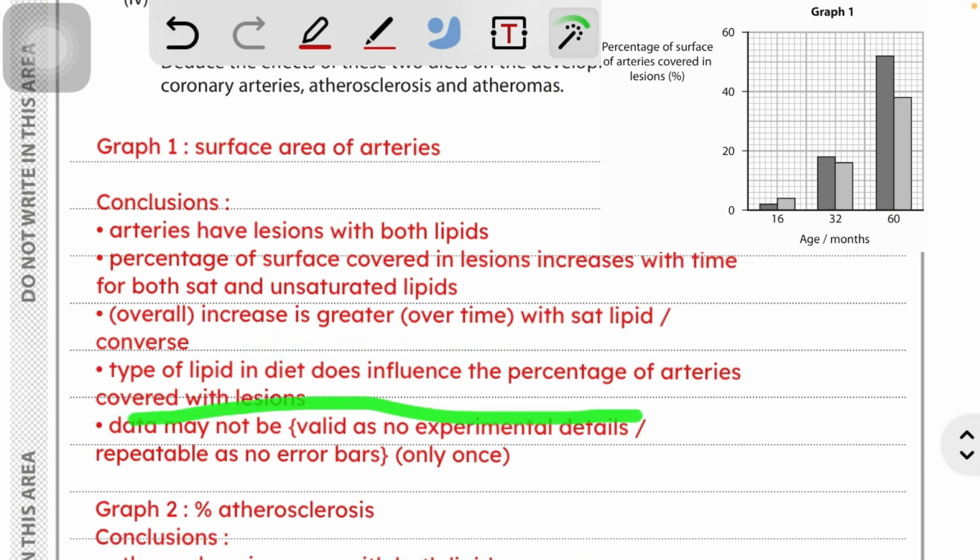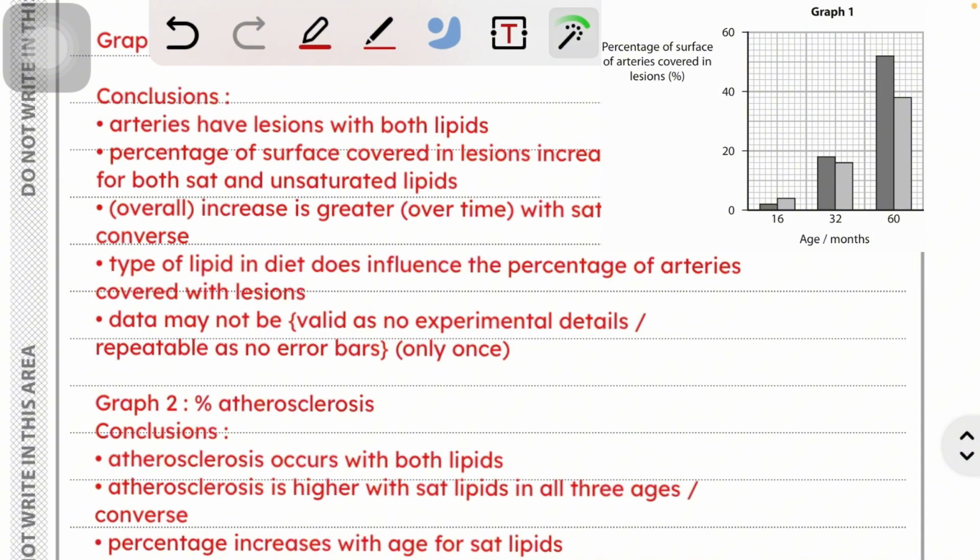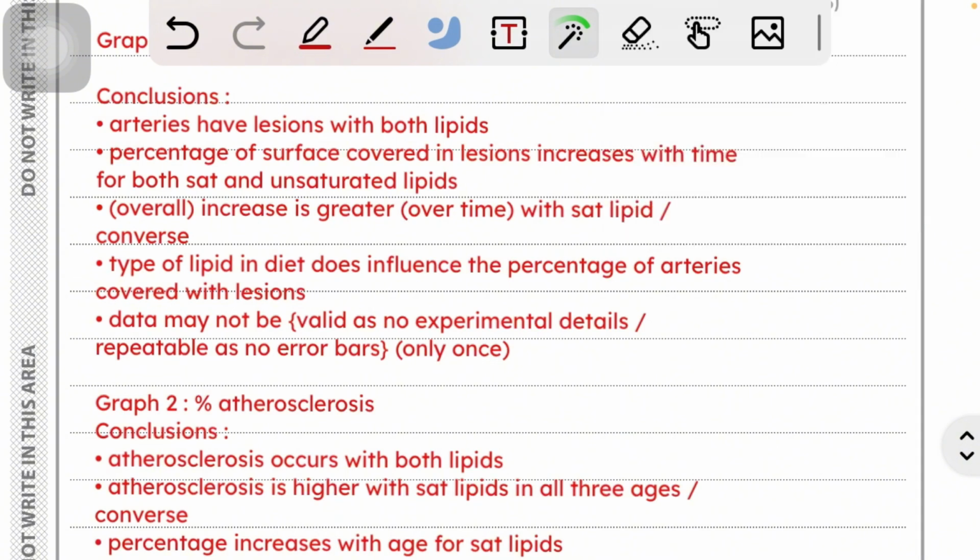Type of lipid in diet does influence the percentage of arteries. Like what we can see from the graph, that the type of lipid we're having has an influence on our health, right? The unsaturated fatty acid is better than the saturated fatty acid. Okay. Data may not be valid as no experiment details are given.